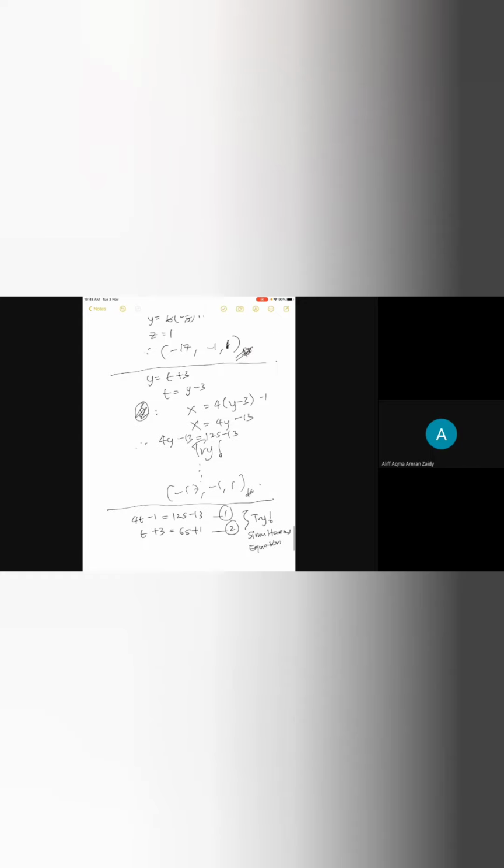Okay. So this is X tadi, this is Y. So in the end, bila awak buat, awak akan dapat negatif 17, negatif 1, 1. So actually you may try anywhere lah to find the point of intersection. As long as you use substitution method. Cuma cara dia panjang atau mudah sajalah. Awak nak substitute mana ke mana tu.